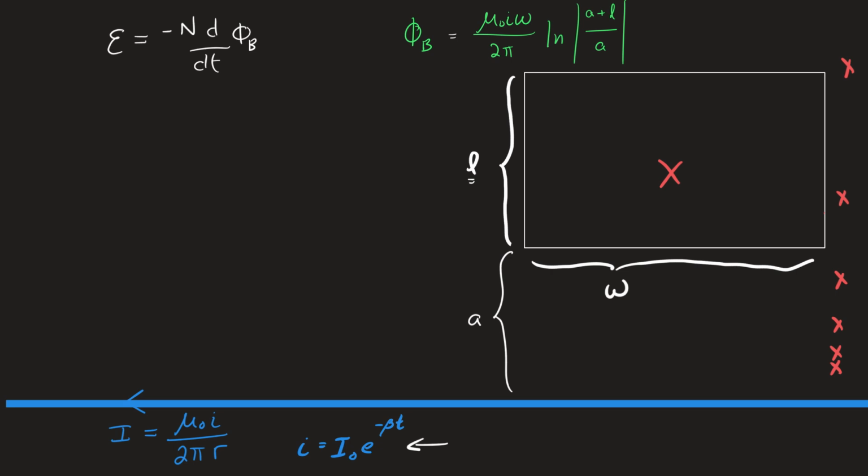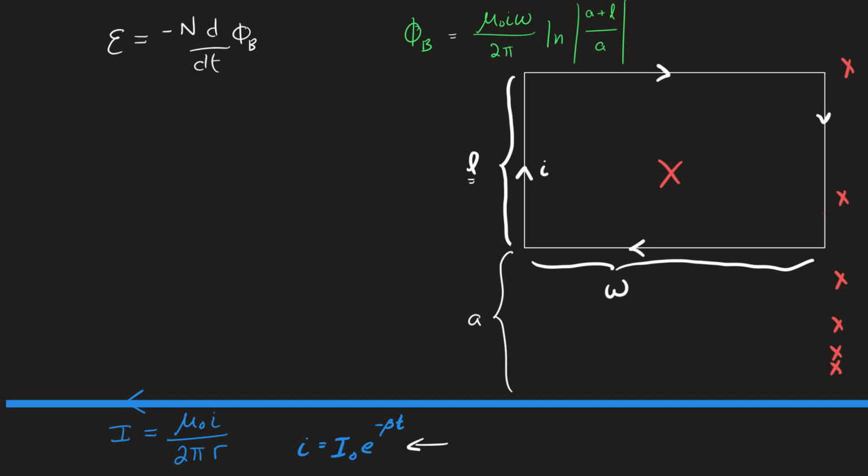Using my right-hand rule, that suggests that the current that will be produced in the loop is going to be clockwise to try and produce a magnetic field in the same direction as the current magnetic field, since the current magnetic field is going away. There. We've handled the direction of the current that's going to be produced in the loop.